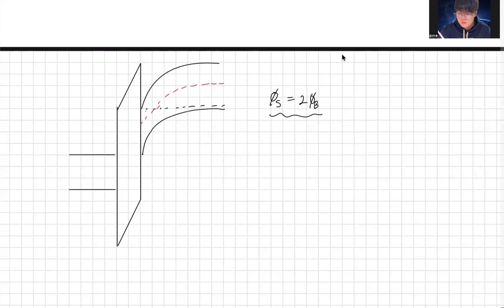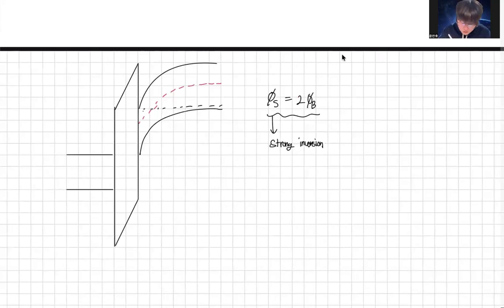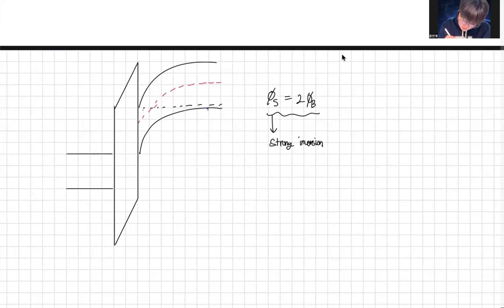At that time, we can say it is strong inversion. The difference between here and here is phi s, and between the intrinsic Fermi level and the Fermi level is phi b.